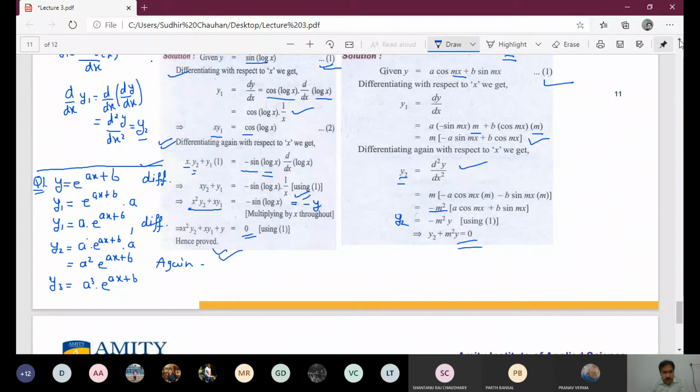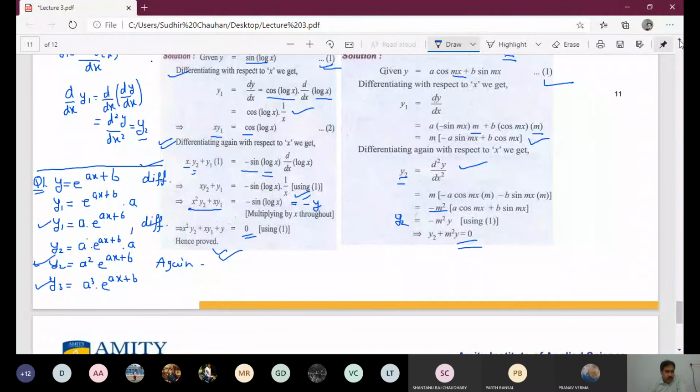So do you have any symmetry? In case of y1 we have this, in case of y2 we have this, in case of y3 we have this. So in case of y1 we have a raised to power 1 e raised to power ax plus b. In case of y2 we have a raised to power 2 e raised to power ax plus b.